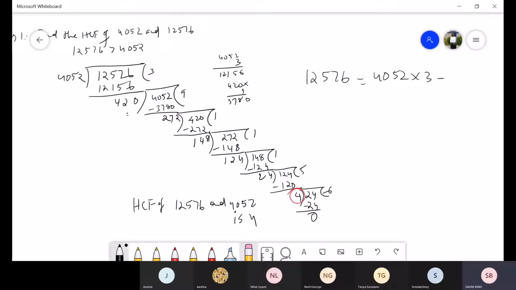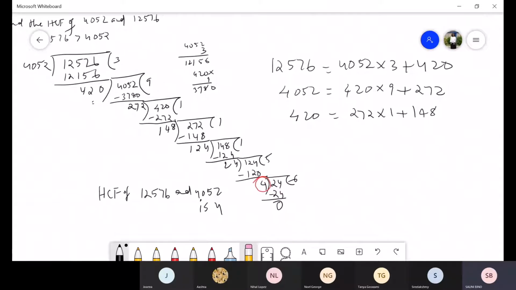12,576 is equal to 4052 into 3 plus 420. The next step is 4052 is equal to 420 into 9 plus 272. Next step, 420 is equal to 272 into 1 plus 148.